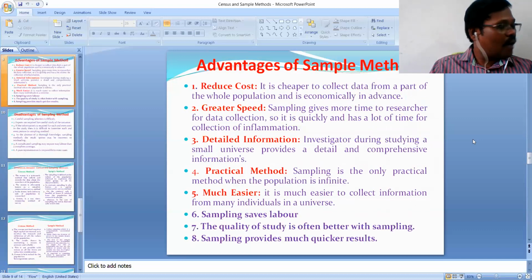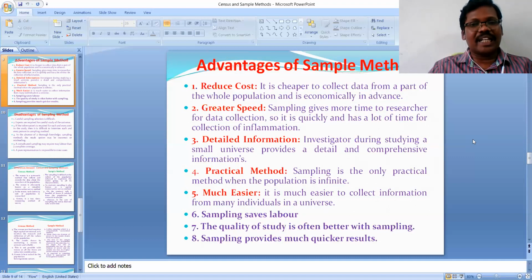Okay, what are the advantages of the sampling method? There are some important advantages we can observe in this particular method. It is going to reduce the cost particularly. Why?